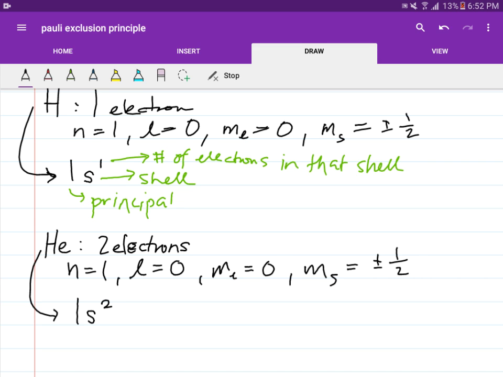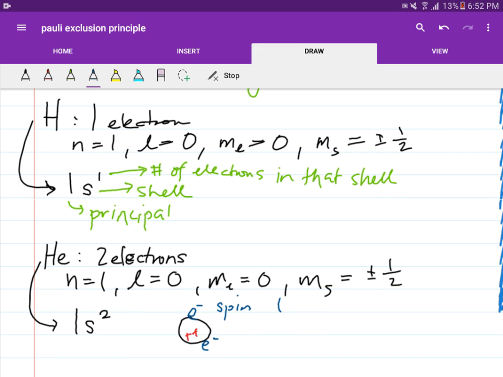If we want to visualize it, you have two protons in the nucleus, and the two electrons are sharing the state: one electron will have spin up and one will have spin down.